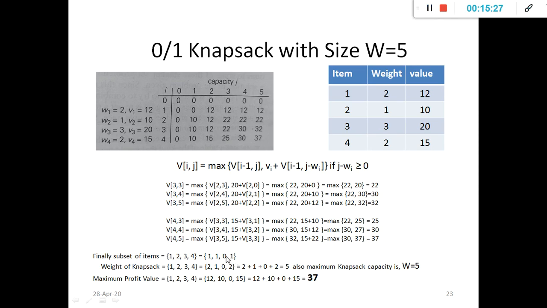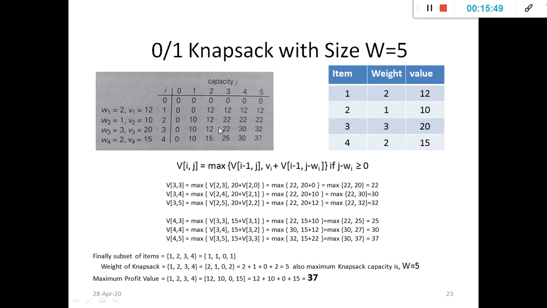Next you have to check whether object 3 is included in the knapsack or not, based on the profit value of object 4. The maximum profit is 37 minus the profit of object 4, which is 15. 37 minus 15 gives 22.